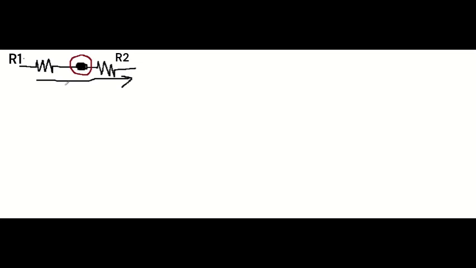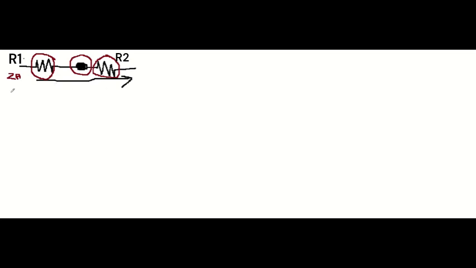Now in a series circuit, the same current flows through each component, meaning that if 2 amps is applied to the circuit, or the circuit is using 2 amps, therefore 2 amps will be flowing through this resistor as well as this resistor. Now the voltage across each component in a series circuit adds up to the total voltage of the circuit.